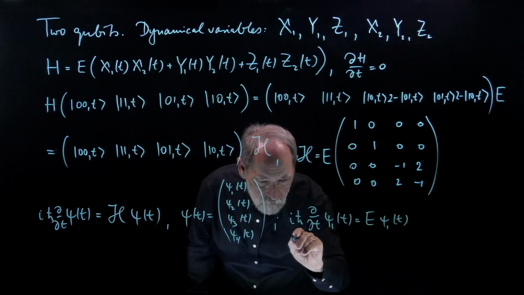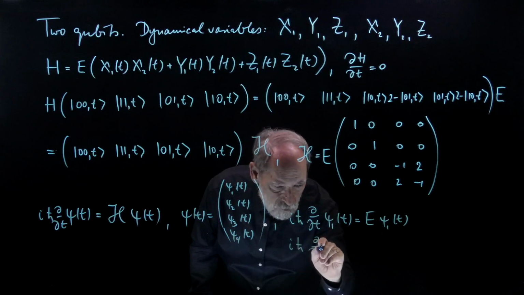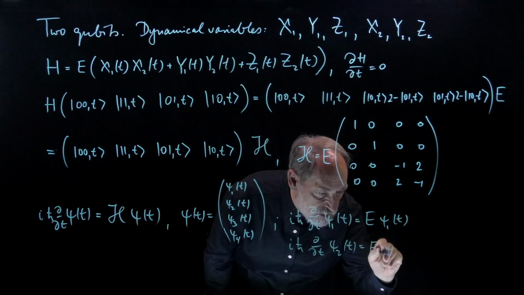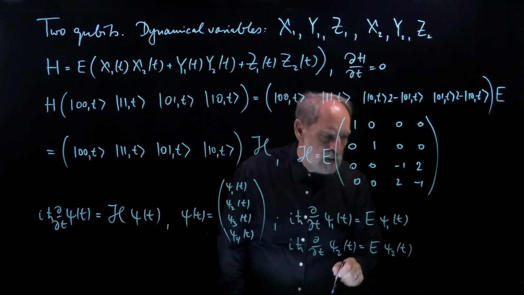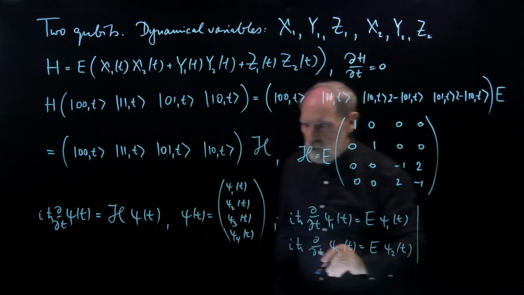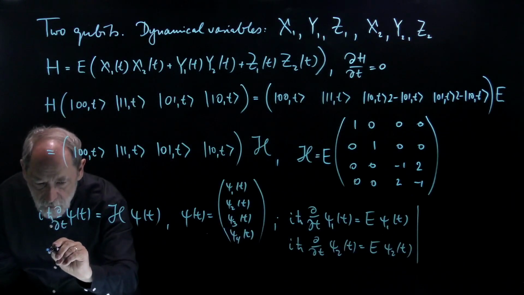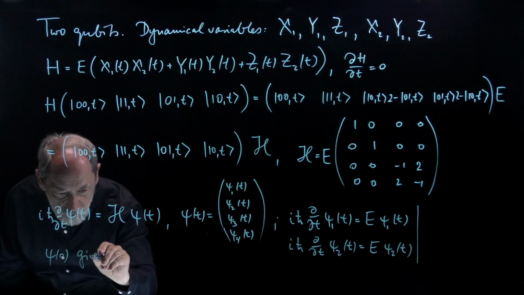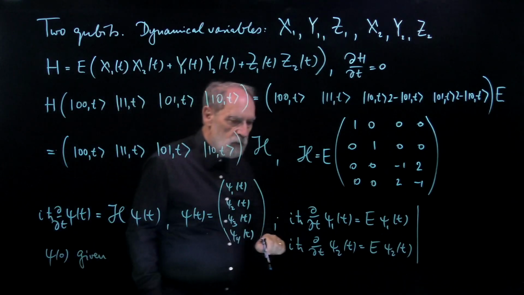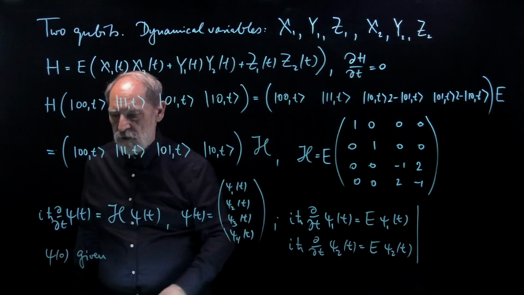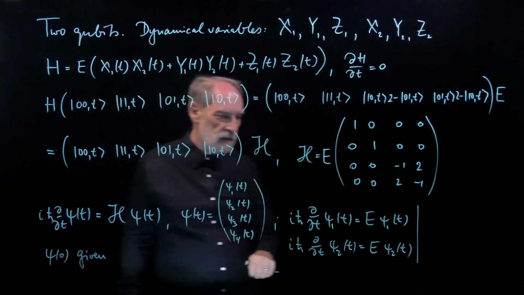And also for psi 2, we have E times psi 2 of t. So if we begin with psi given to us at time 0, we want to know the psi at time t as a solution of this equation, knowing what is the psi at time 0.